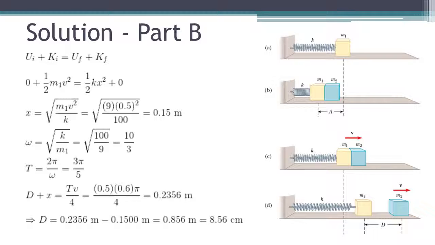And this becomes 0.2356 meters. Now that we have d plus x and we have x, we can subtract to solve for d, which turns out to be 0.0856 meters or 8.56 centimeters.